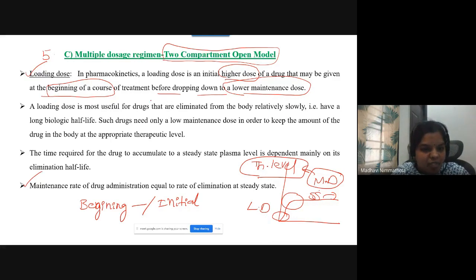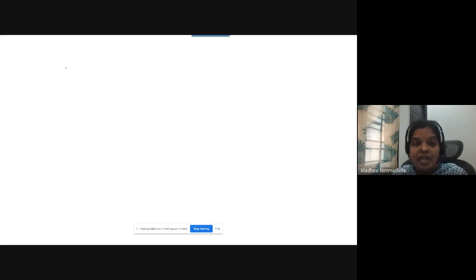of a treatment. A loading dose is most useful for drugs that are eliminated from the body very slowly. See, when your loading dose is required, this loading dose can be useful for the drugs which can be eliminated from the body relatively slowly. So generally, which type of drugs can be eliminated slowly?